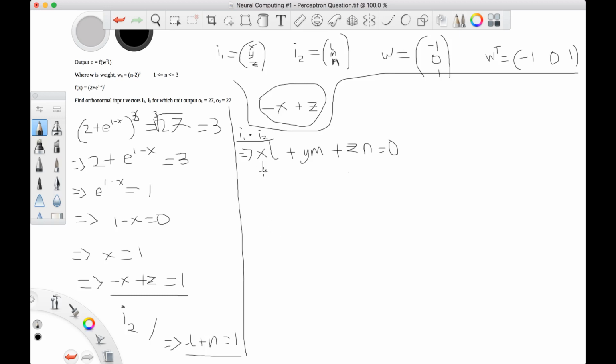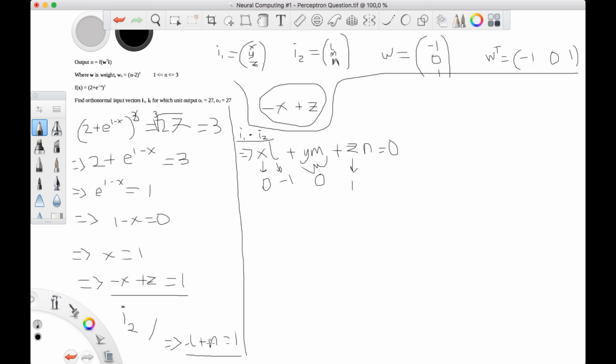Well, if x is 0, and y and m are both 0 regardless, we have z as 1. And by the way, if x is 0 and z is 1, then 0 plus 1 is 1.